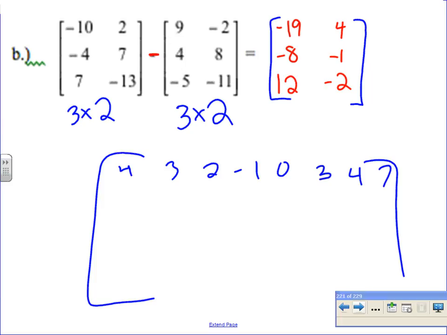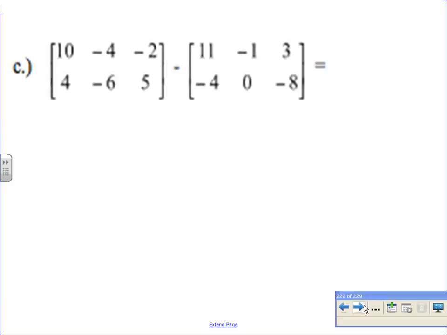Okay, I want you guys to try C and D. So try C and D. When you're done, put your pencil down, please. Just C and D, and then put your pencil down when you're done.